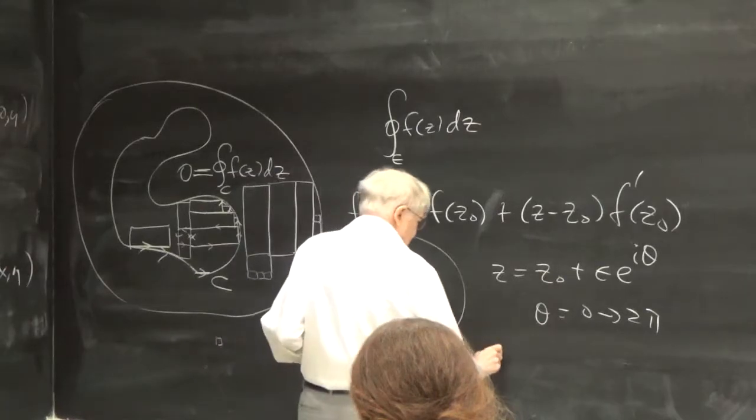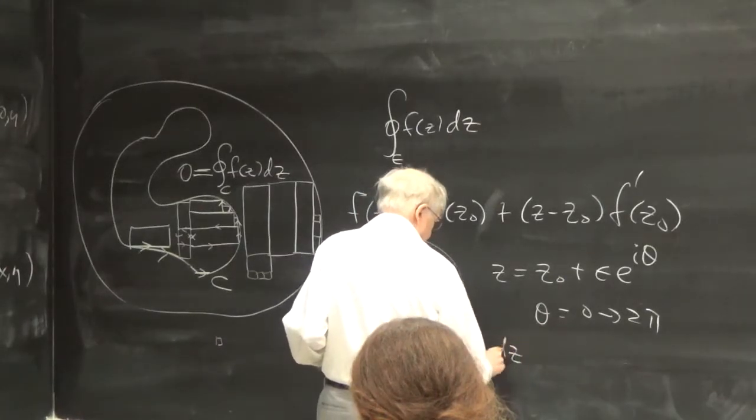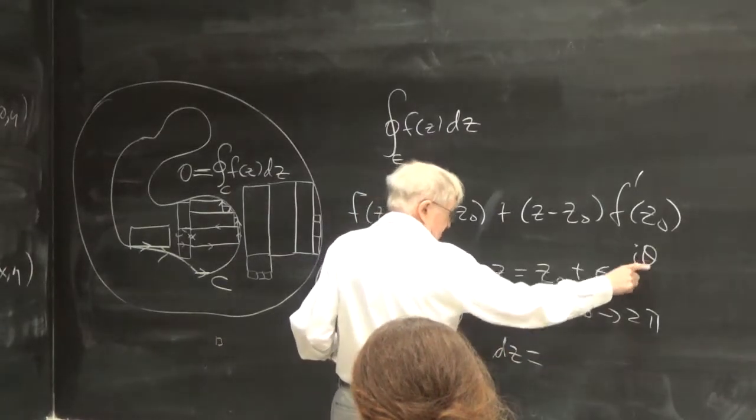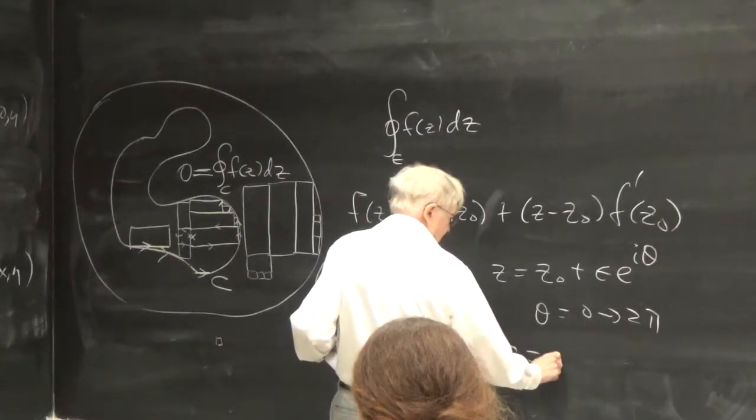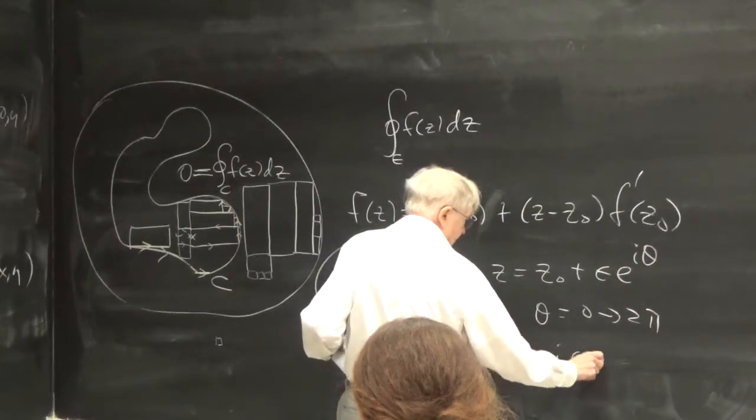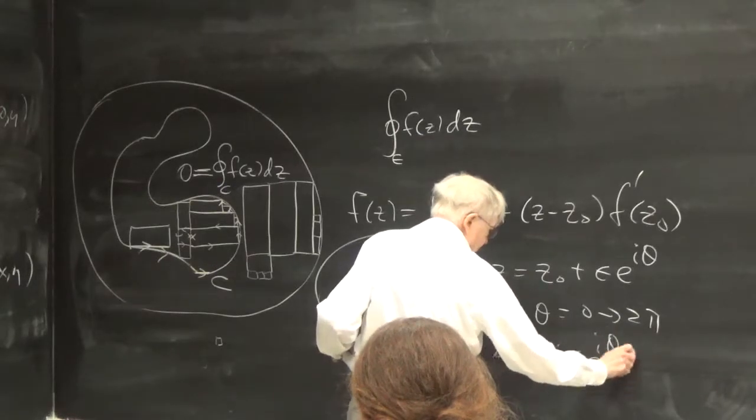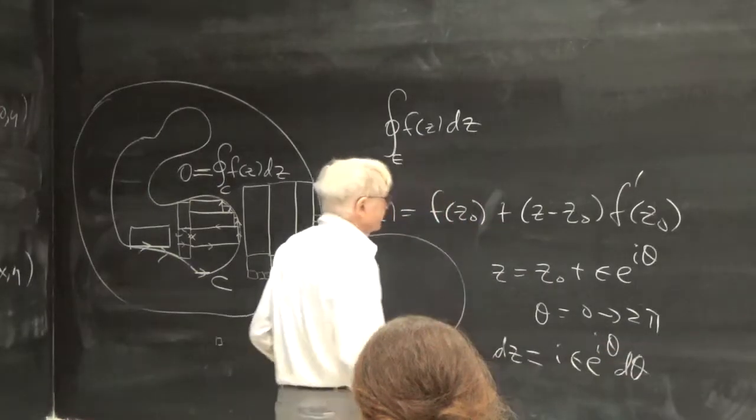And so dz, the only thing that varies is theta, so dz is i epsilon e to the i theta d theta.